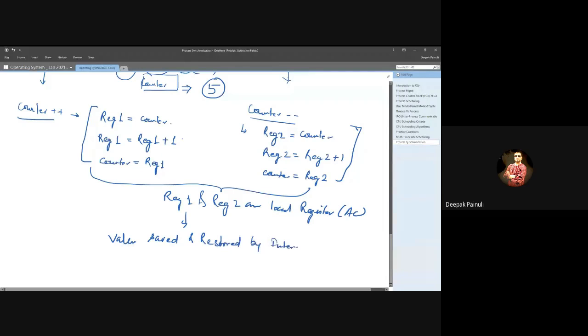So there are three transactions which will take place: transaction 1, transaction 2, and transaction 3 for the consumer and producer processes respectively.